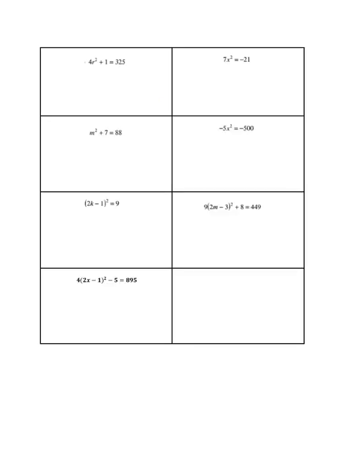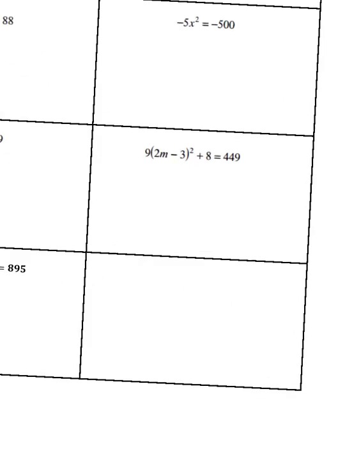This is the back of that same paper. Let's do this one. Okay, so same kind of process. I'm going to get everything away from those parentheses first. So I'm going to subtract 8 from both sides. Then I'm going to divide both sides by 9.